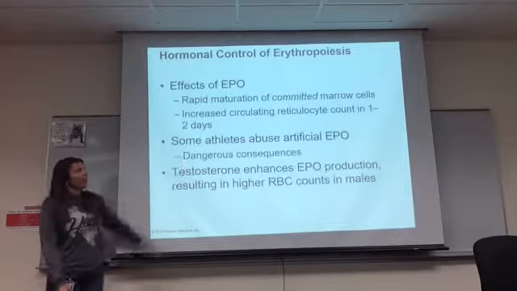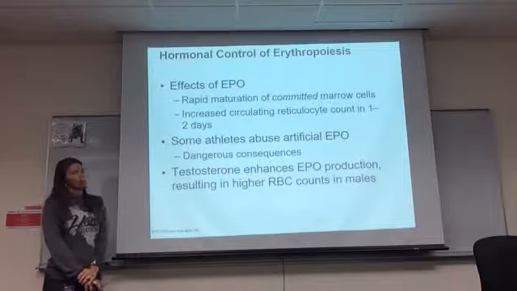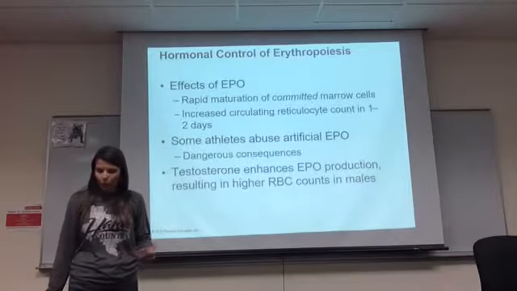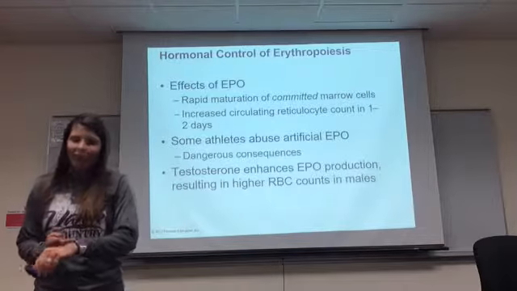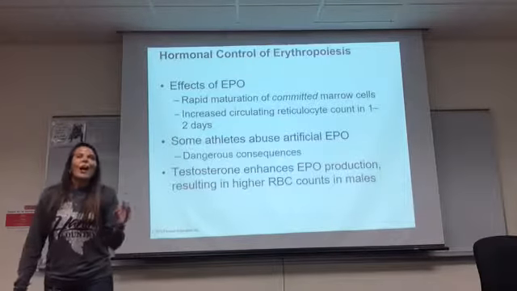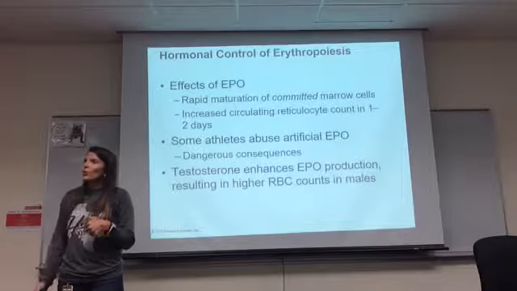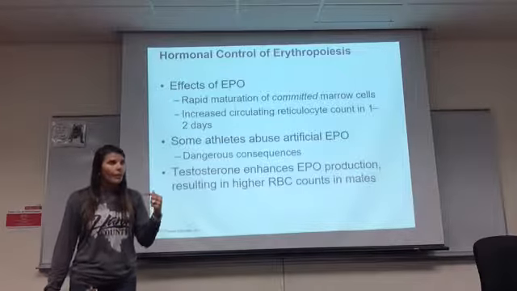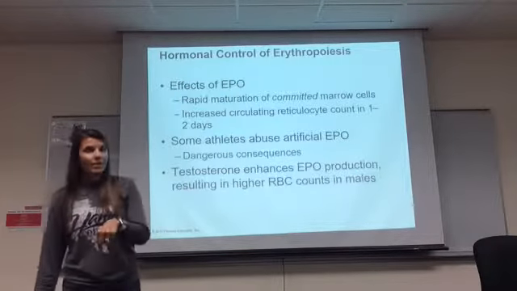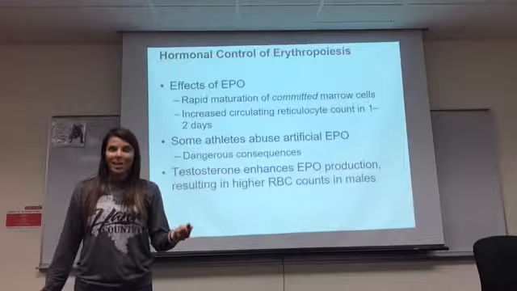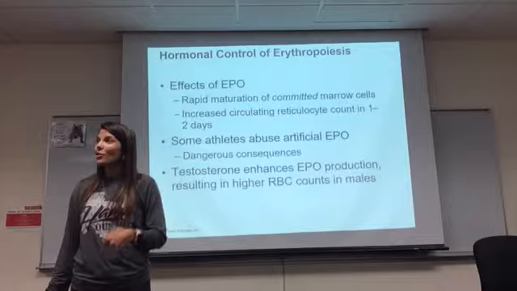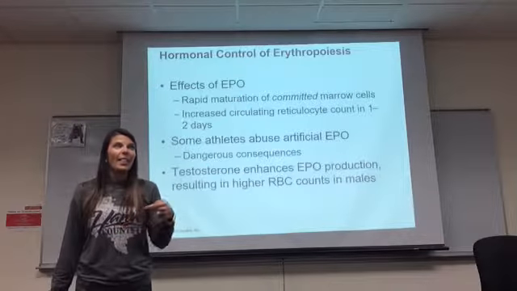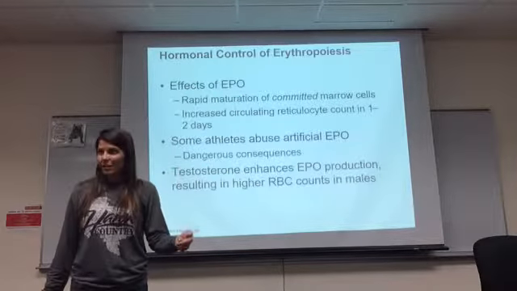It mentions here that some athletes will abuse artificial EPO. You can buy this on the black market. But what this does is, if you inject yourself with EPO, it tells your blood I need more red blood cells. You can increase the number of red blood cells and the amount of oxygen in your tissue, and that increases your endurance.